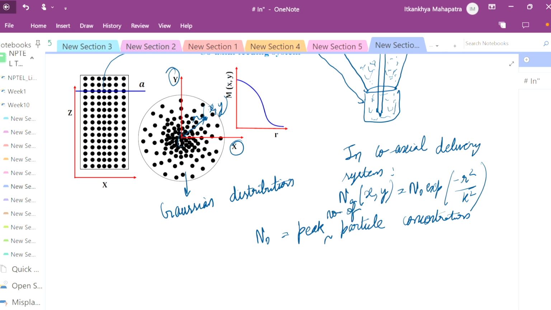Now peak is at the center. Okay, this is the center. And r, you know, is the length, and k is the constant.